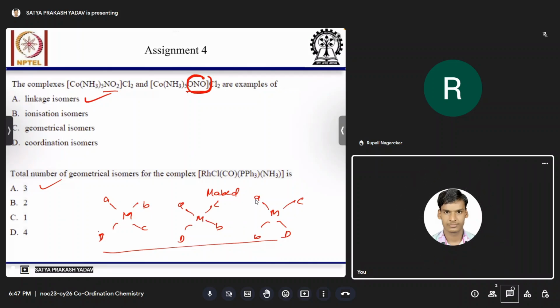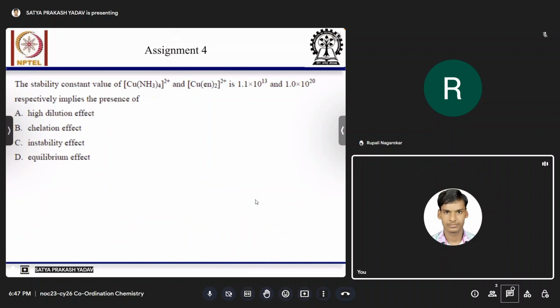The stability constant values of [Cu(NH3)4] and [Cu(en)2] respectively are high. Again, I told you the formation constant will be high when we have something which stabilizes the geometry in the forward direction. So here the chelation effect is there.